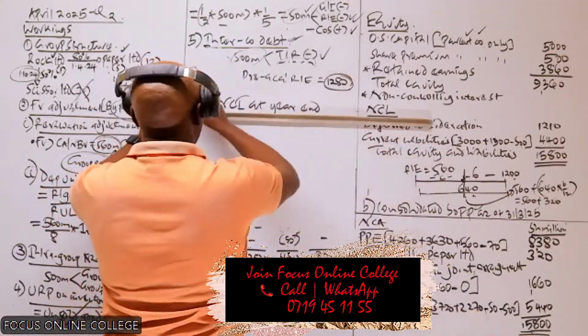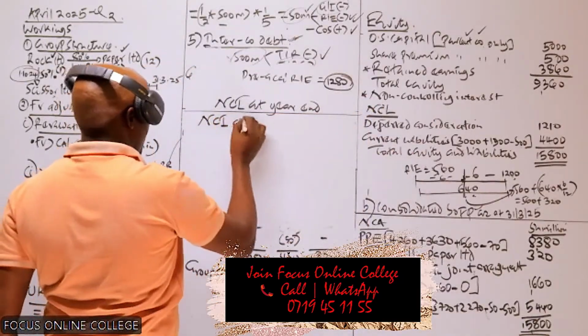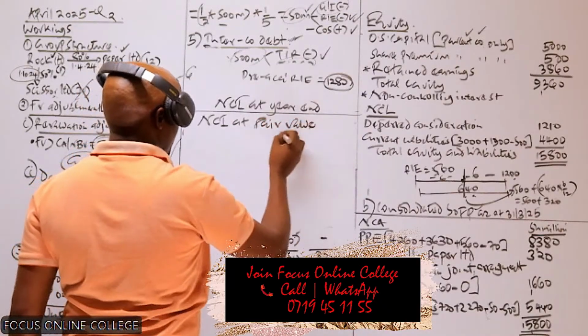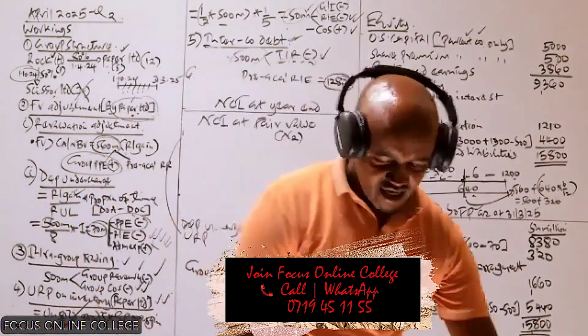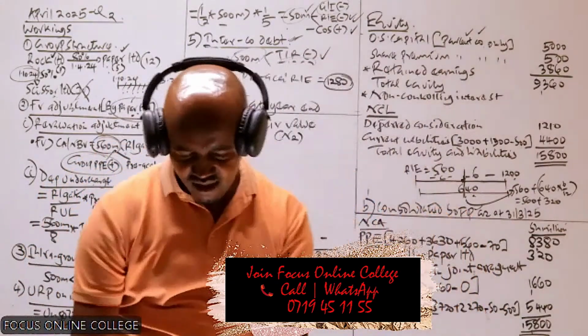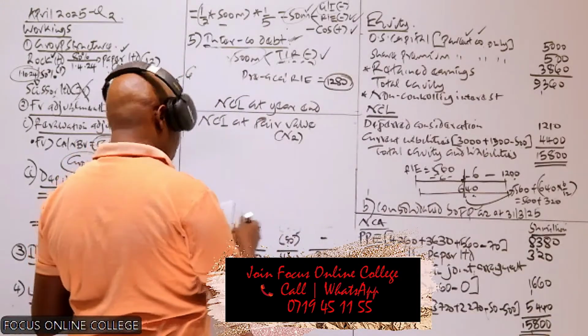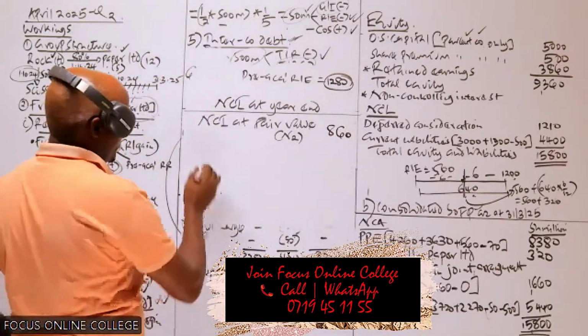To compute this, very simple. We take the NCI at fair value, which is given in note 2. The NCI at fair value in note 2 is 860. I hope you can see that.